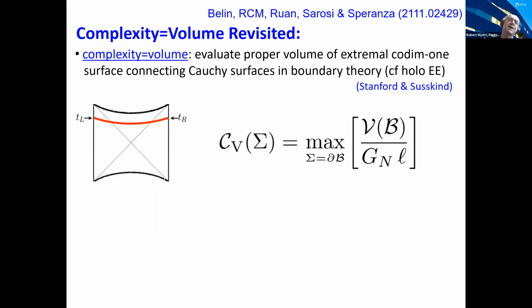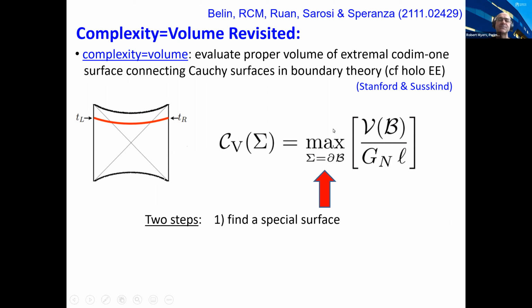So we'll start by going back to complexity equals volume. And we'll notice that here's the formula that I described before, but there's really two independent steps that I'm doing here. The first one is this maximization of the volume on these surfaces. And by doing that, I'm picking out a very special surface in the bulk that traverses the space-time between these two boundary time slices.